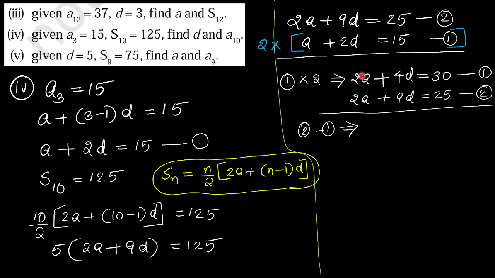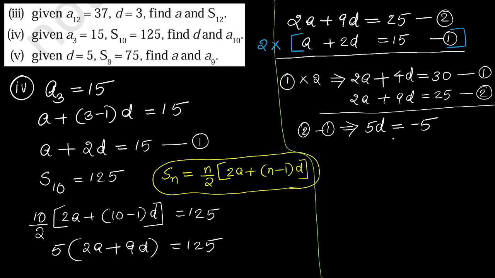That is why it is called elimination, one variable is eliminated. 9d minus 4d gives 5d. Right side, 25 minus 30 will be minus 5.